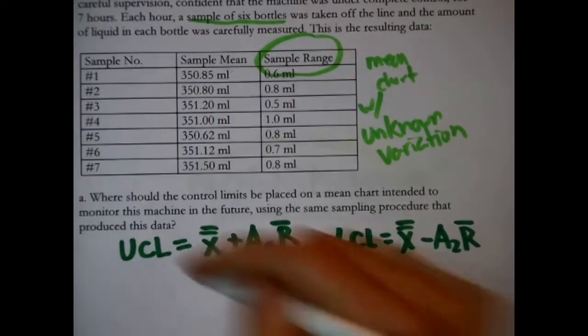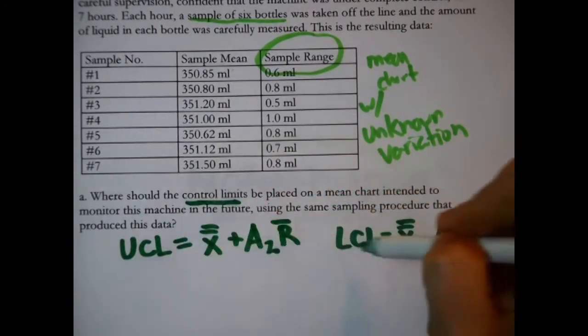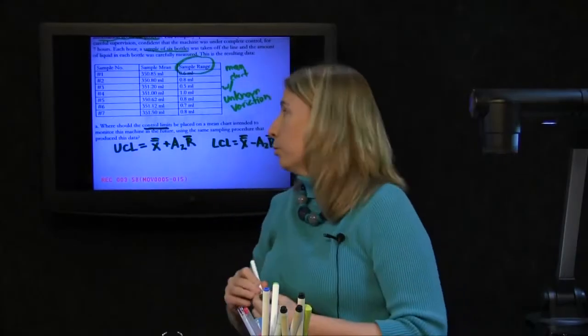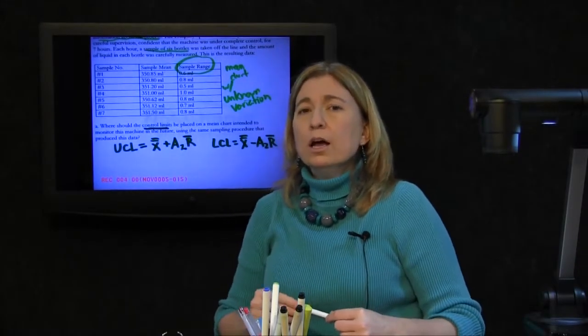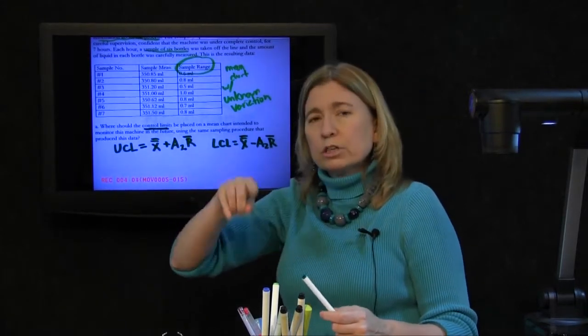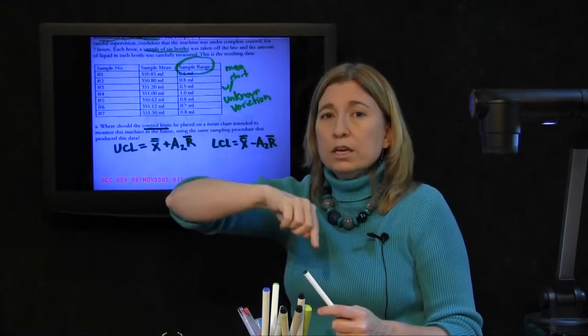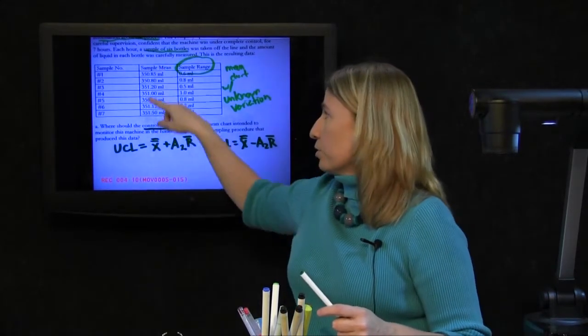So in order to answer this question and say exactly what the control limit should be, we need the numbers to put in here. And we can get them quite easily from the data, because x bar generally means mean or average, so x double bar means the mean of means. This is the average of the averages.